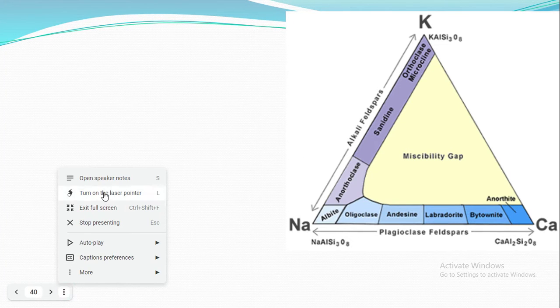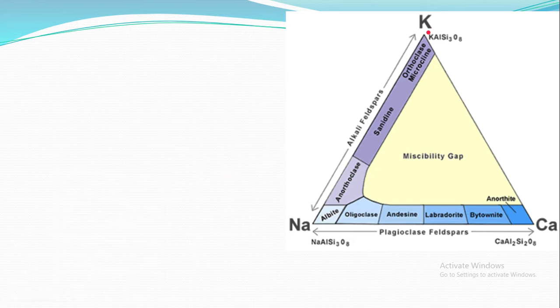Here you see, this is orthoclase, composed of potassium aluminum silicate. Now if you move from this point to this point, what will happen? You will have the mineral where potassium is decreasing and sodium is increasing. So here you will have both potassium and sodium. Here you will have more sodium.